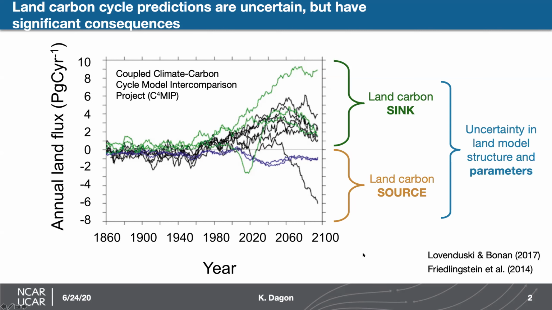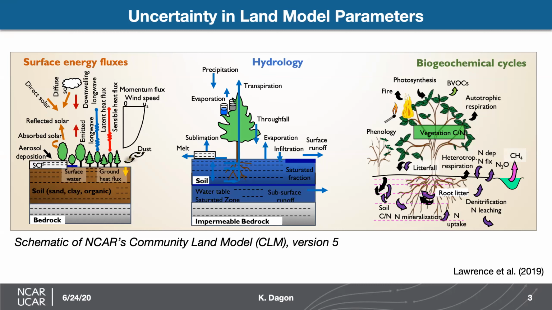So I wanted to really explore this question a bit more, and in particular, I am going to use one land surface model, the Community Land Model, or CLM, and that is the land surface component of the Community Earth System Model that we use at NCAR. I should say that these models are very complex, as you can probably tell from this overview schematic.